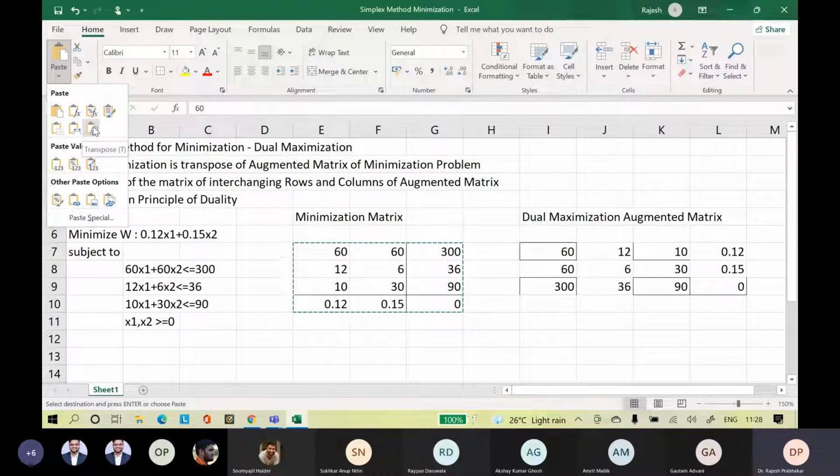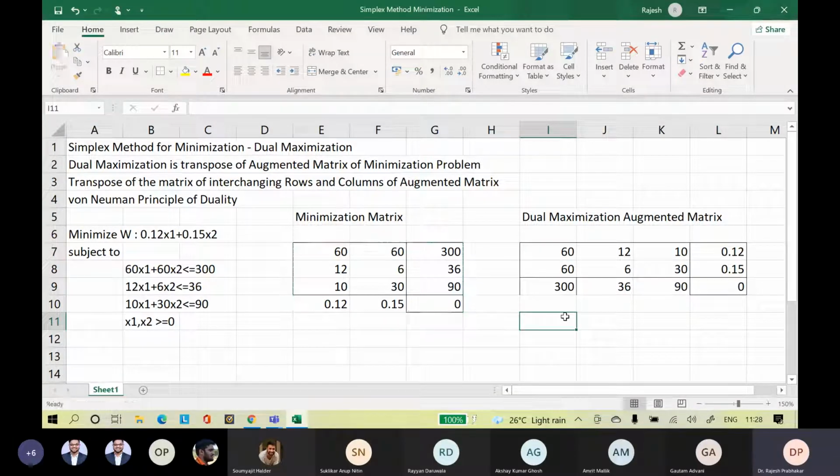Now, this has become a dual maximization problem.